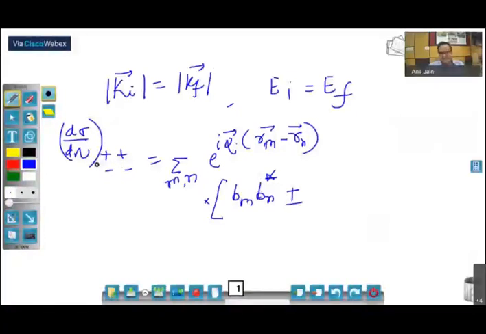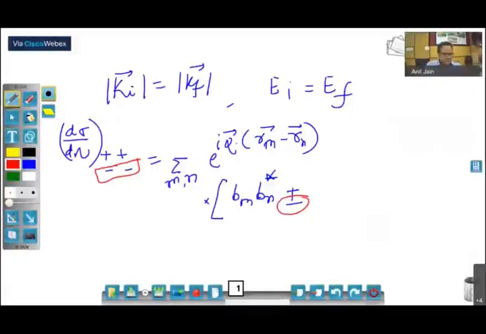Plus is for the case where you come with an up spin beam and it remains up after the scattering, meaning plus plus, no spin flip, and minus is the case where you come with a down spin neutron beam and after scattering it is also down, so this sign is for the lower one.